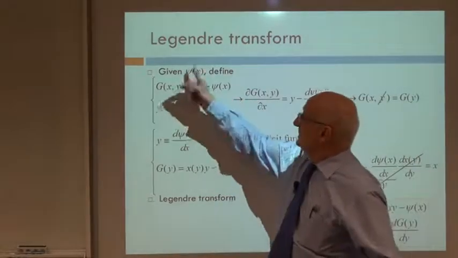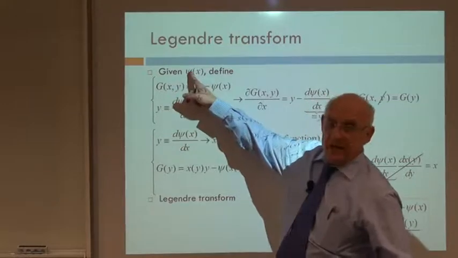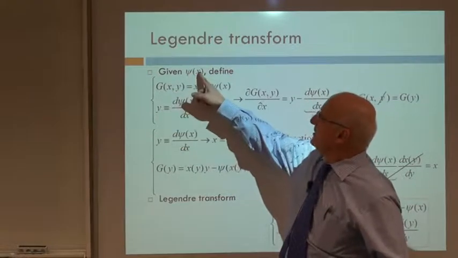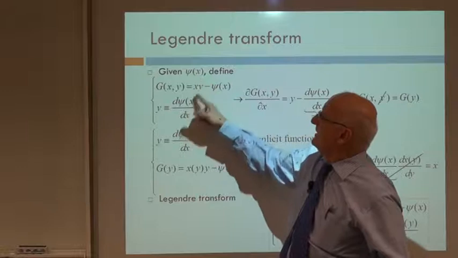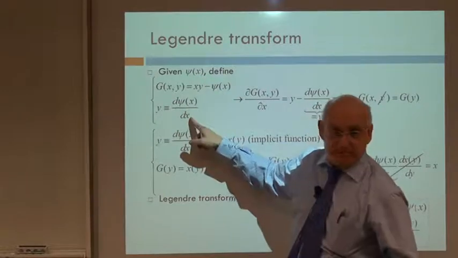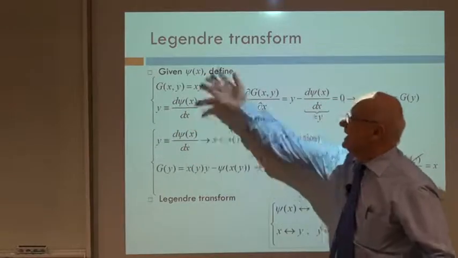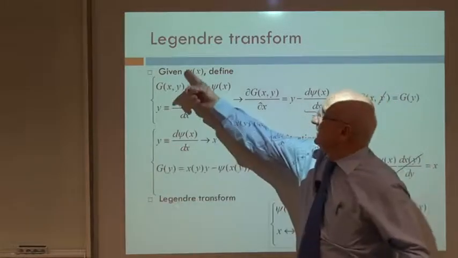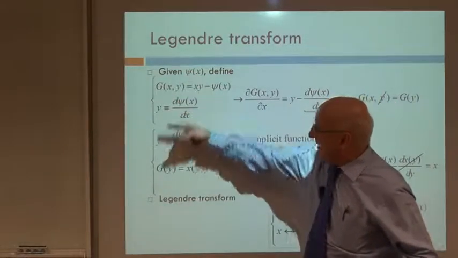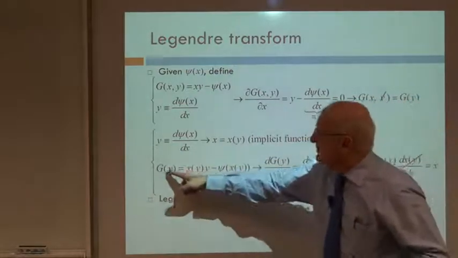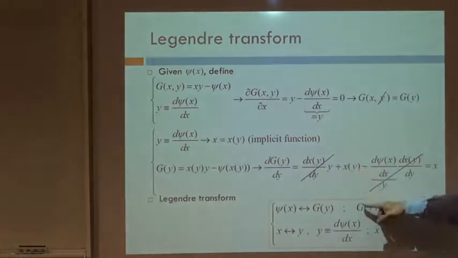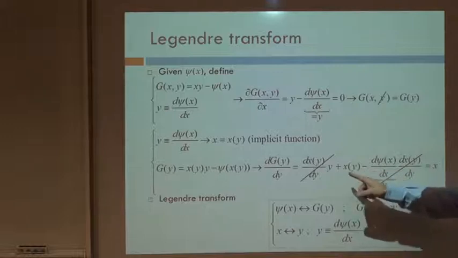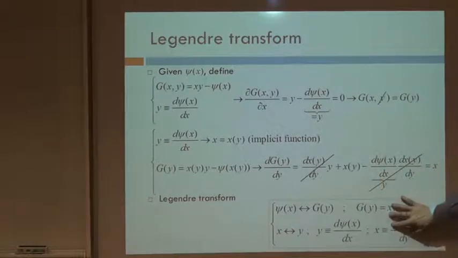If by definition I define y as the Legendre transform of x, defined as the derivative of phi with respect to x, then in the transform function g, which is the Legendre transform of phi, it happens that by differentiation of g with respect to y, I obtain x. So this is the summary.